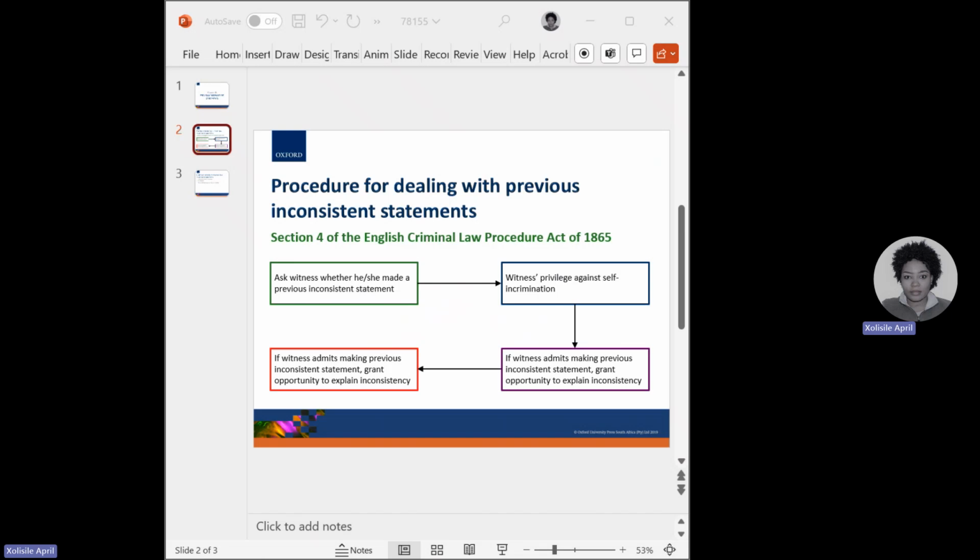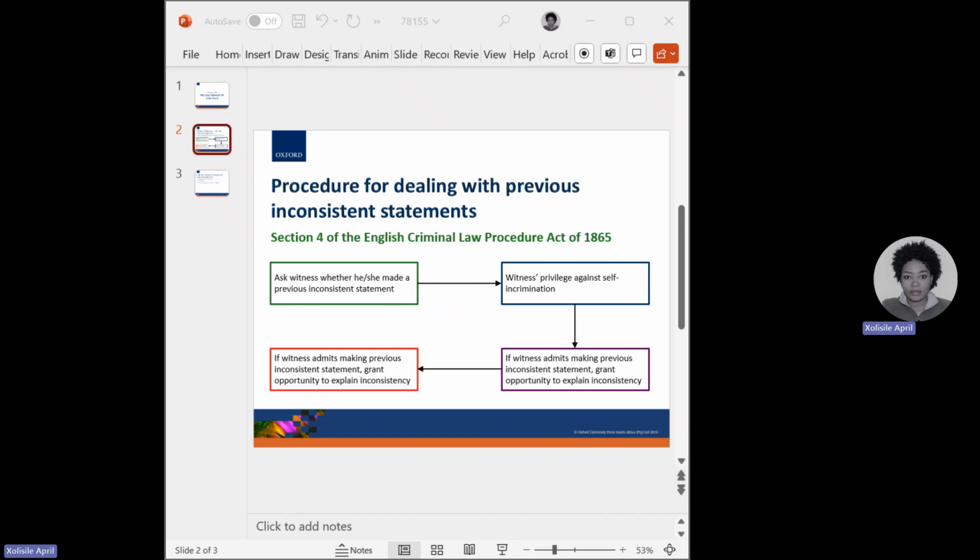The law requires fairness, and I'm saying this again so it sticks in your head, so that you cannot just spring prior statements on the witness without warning.